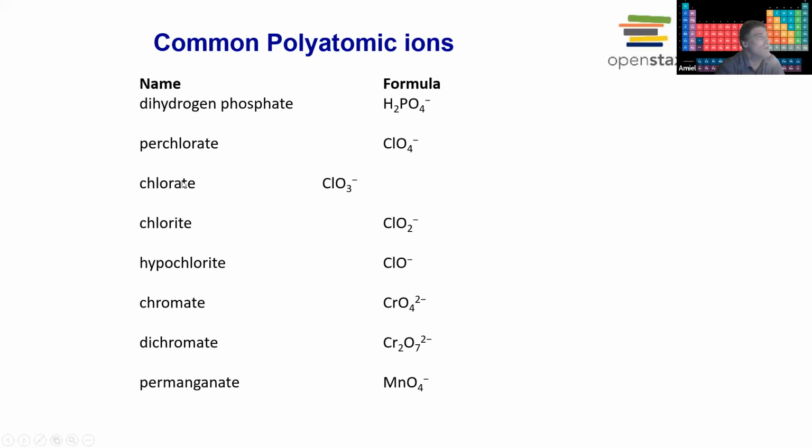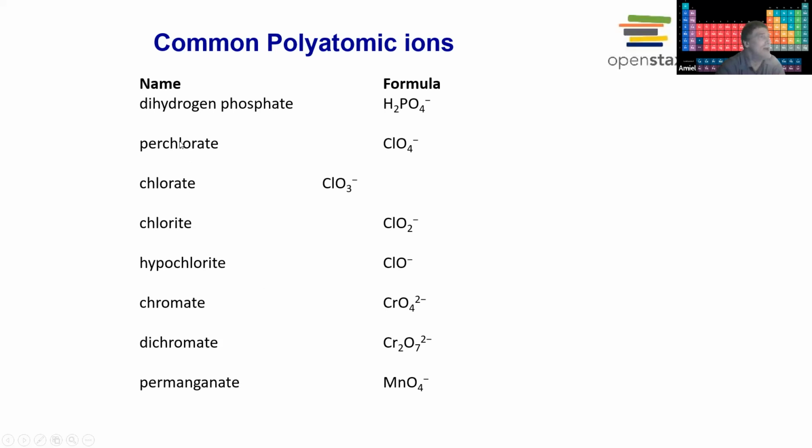Here's the classic one, the four chlorates. Start with chlorate, ClO3 minus. One more than ate is perchlorate, ClO4 minus. Notice again, they all have the same charge. Here's chlorite, one less than ate, and there is hypochlorite, ClO minus, which of course is the ingredient in bleach, sodium hypochlorite.